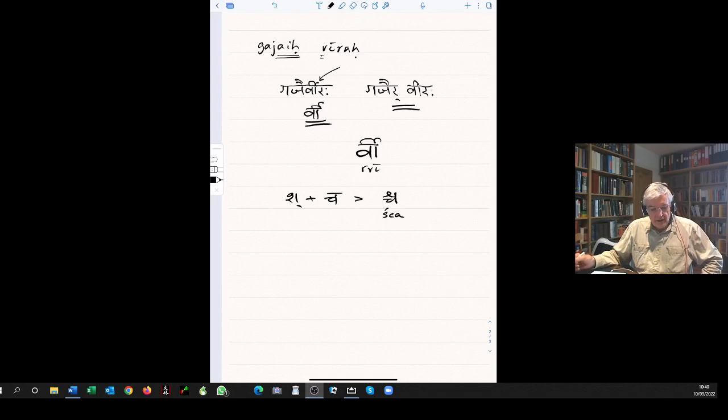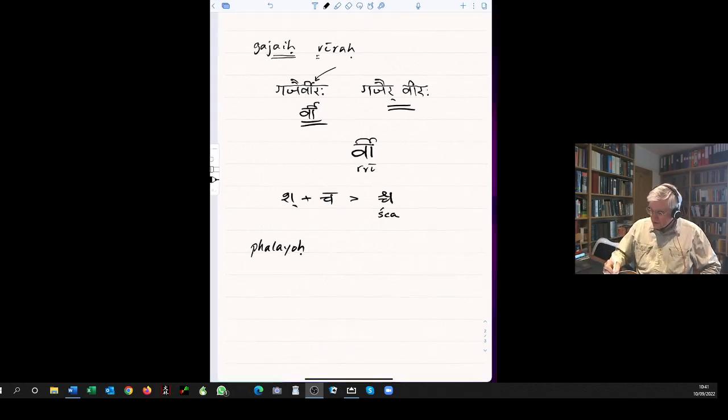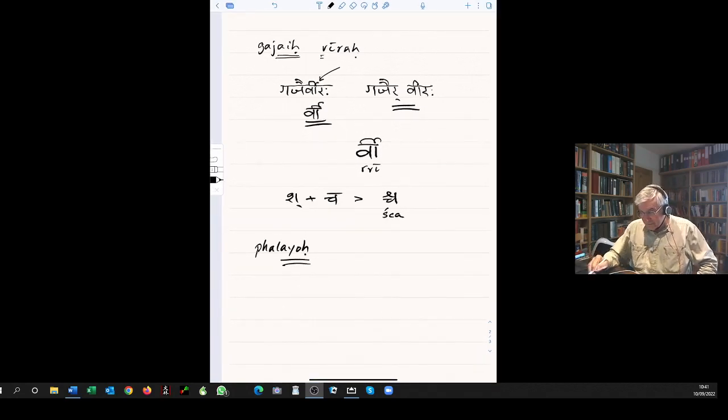H, Palayor jalam. The jalam, the water. Palayor, right in Roman. That is the dual genitive and locative ending. So Palayor jalam, jalam is water, can also mean the juice of a fruit as squeezed out.